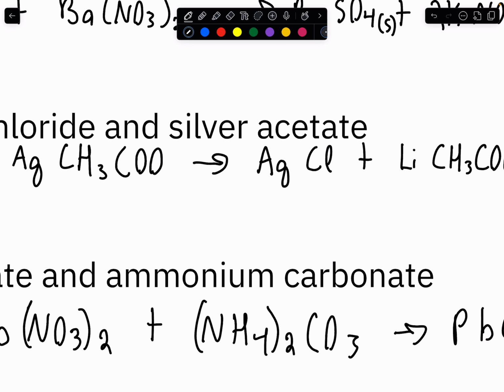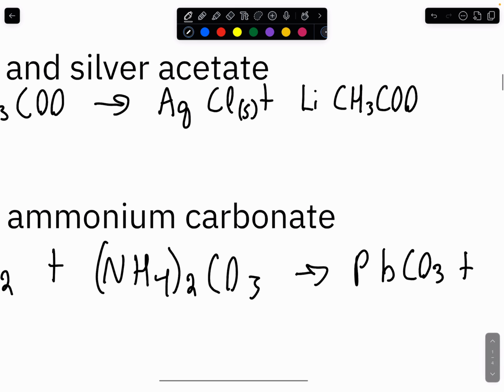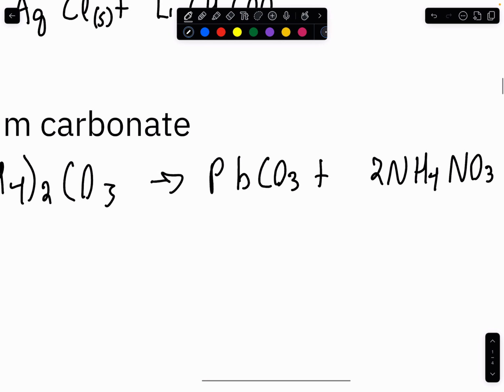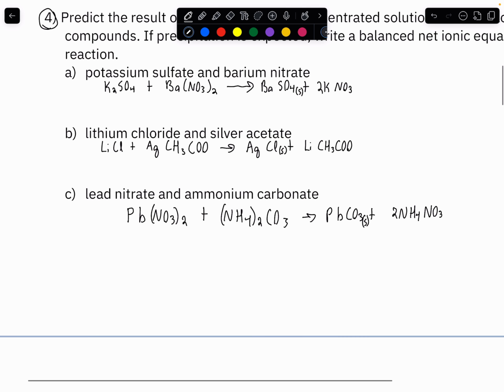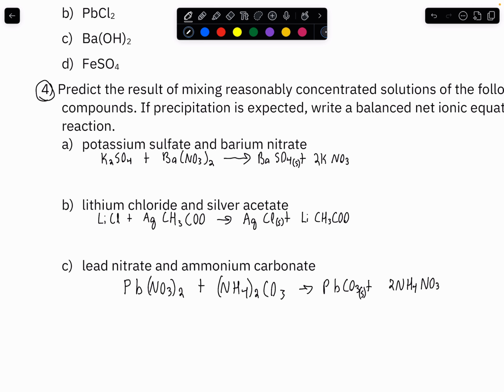But because it has silver and it's a halogen, I know this is also insoluble, therefore it's a solid. And lastly, I know that carbonates are always solid unless they have a group 1A element. So this is also solid. All three of our reactions have a precipitate, which means they're all going to be precipitation reactions.